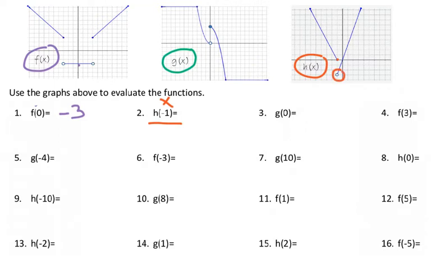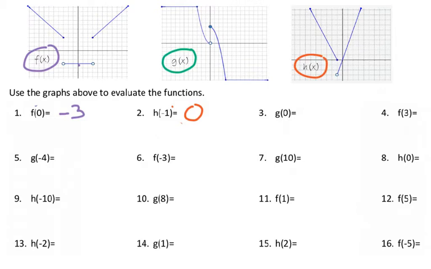So this little point right down here exists at -1, but it's open. So it really doesn't exist at -1. So I want to make sure that I choose a point that's actually closed in. So I'm going to choose this upper one, and that point would be -1, 0. So the question is asking, when x is -1, what's the y coordinate? And the y coordinate is 0, so that's what we put as our answer.